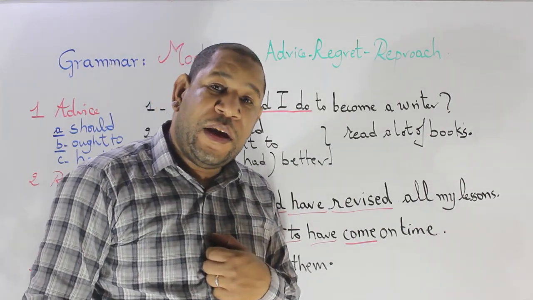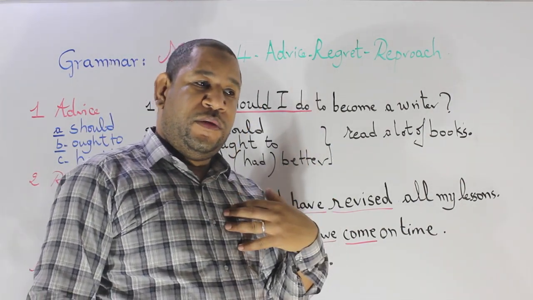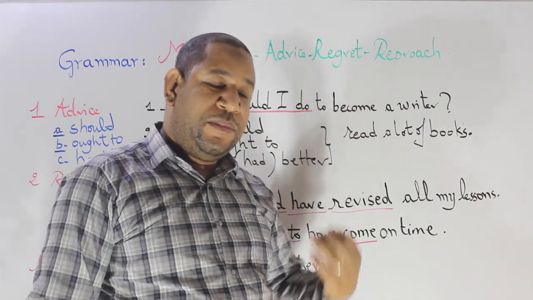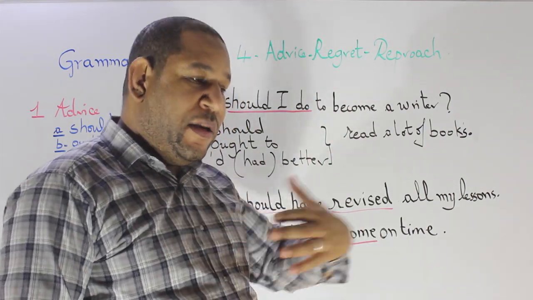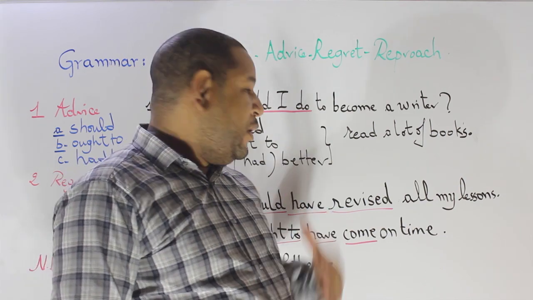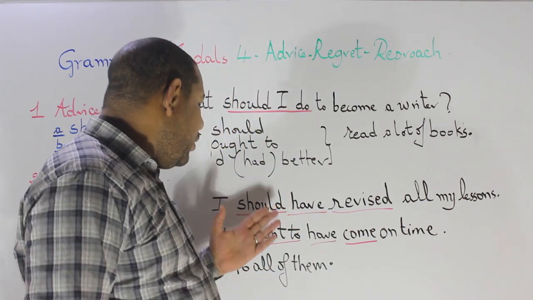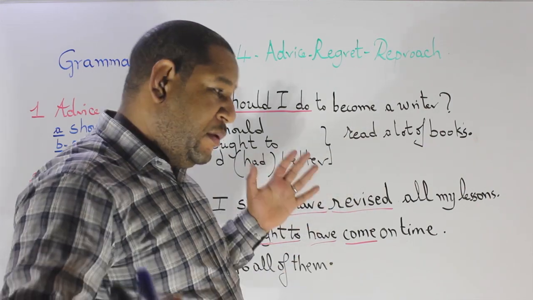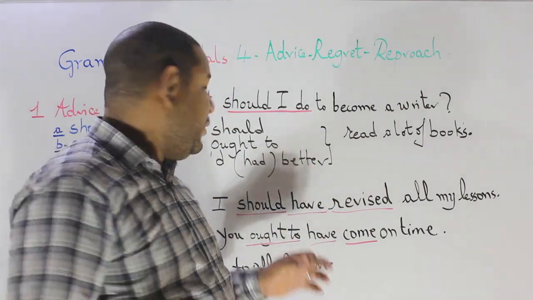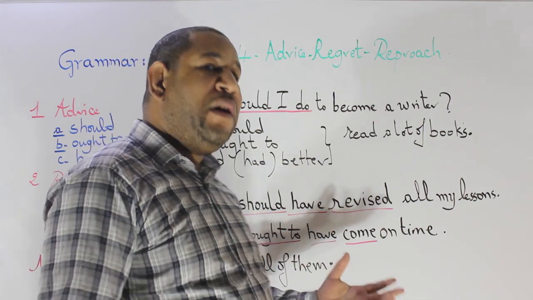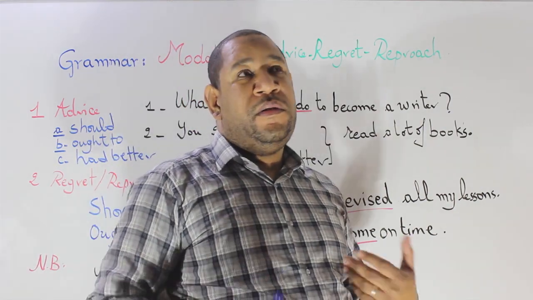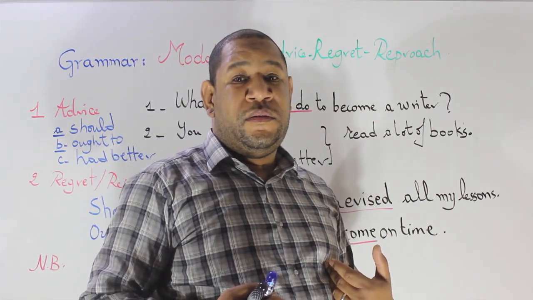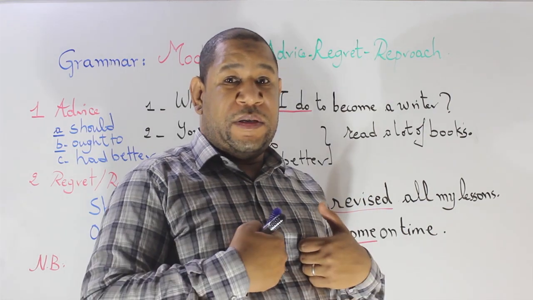If I use I should or I ought to, which means the subject is I, the speaker, the first person singular. It can also be for the first person plural. What is important is the first person. I should have revised all my lessons. That's regret. Okay? I regret or I blame myself.